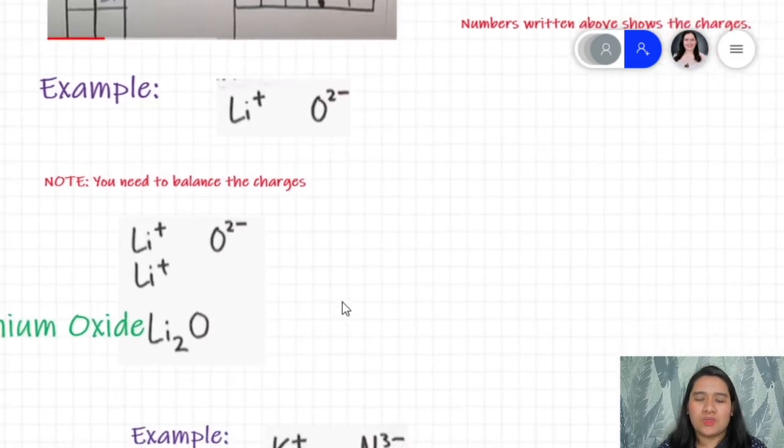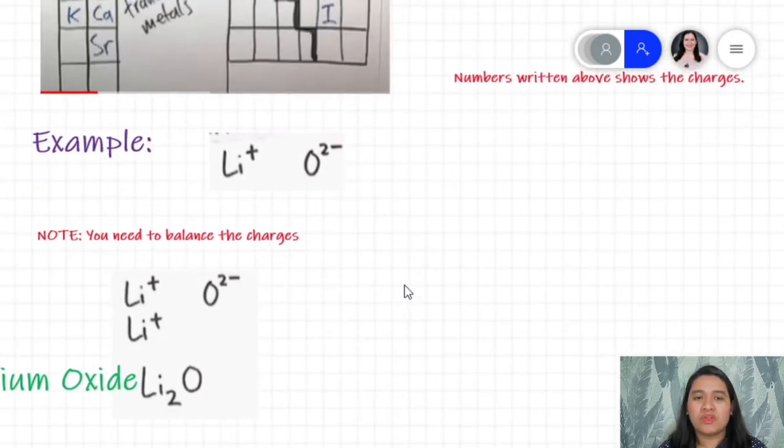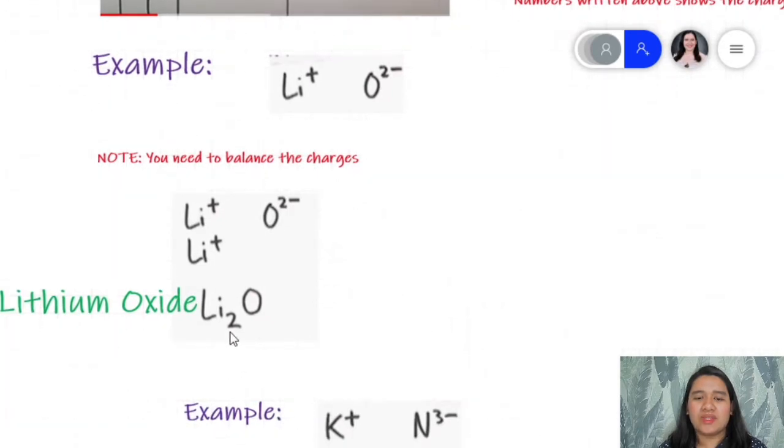If we write the chemical formula for lithium oxide, it is Li2O. Li2O stands for lithium oxide. Why lithium oxide? They are bonded. That is why it becomes oxide.